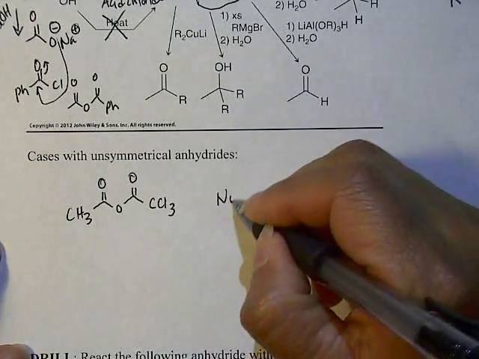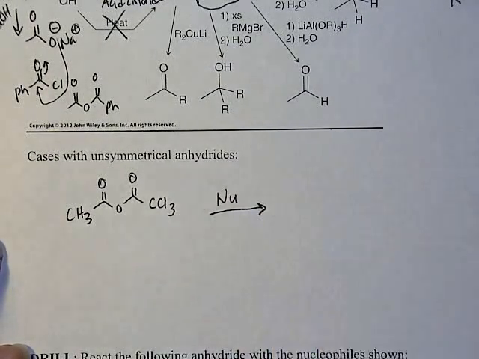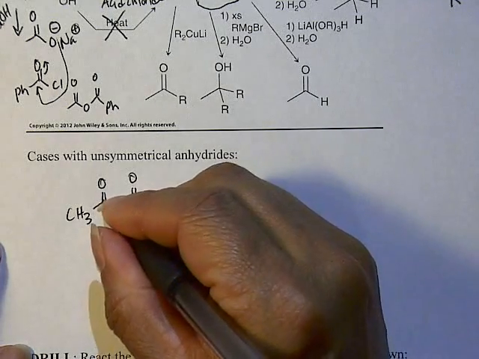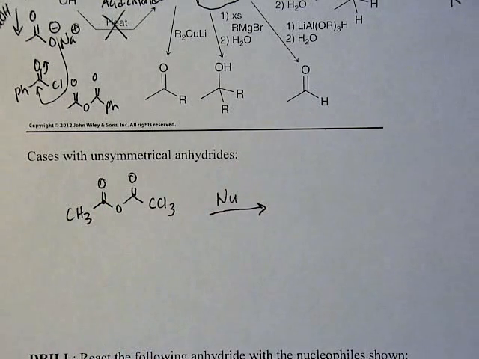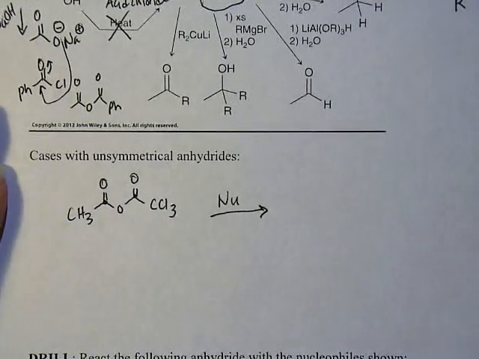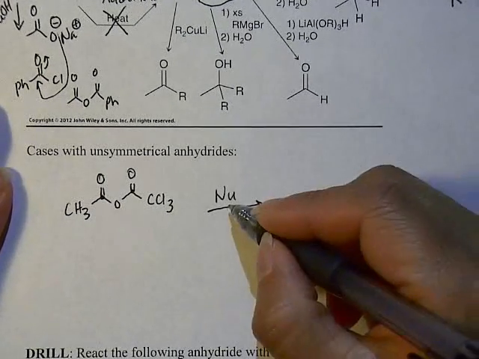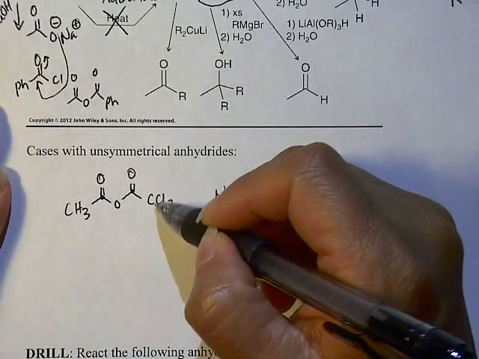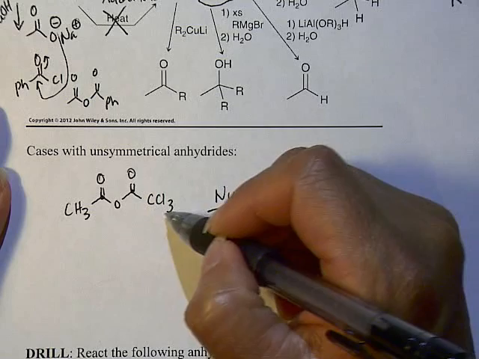So if I have the nucleophile, where do you think that the nucleophile will be more attracted to? This carbon right here or this carbon? Because now we have two carbonyls that are not exactly the same. In this example, it should be very easy for you to predict where the nucleophile is going to attack, because the alpha carbon has 3 chlorines on it.